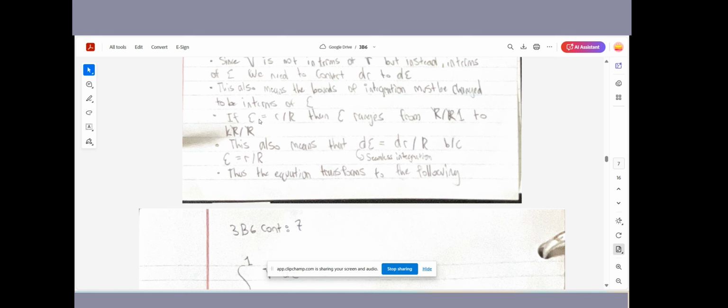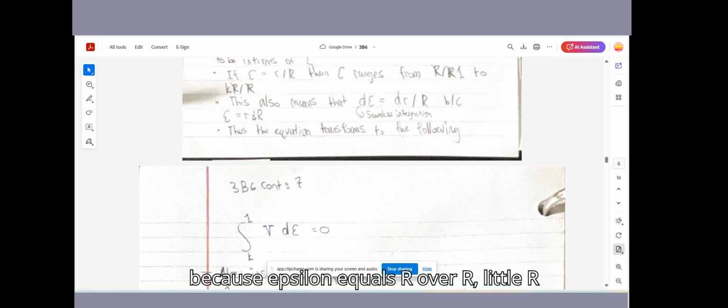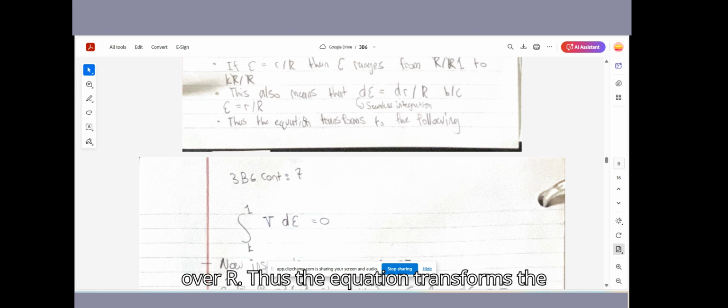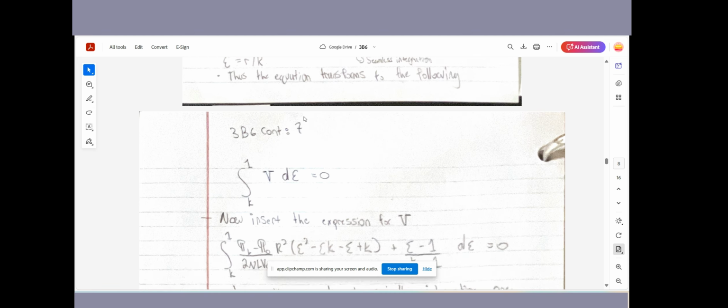And this also means that d epsilon equals dr over R. And that's, again, because epsilon equals little r over R. So you could just say add the d's here. I don't know why. That's just how it works, Brody. Yeah, because epsilon equals little r over R. Thus, the equation transforms to the following.